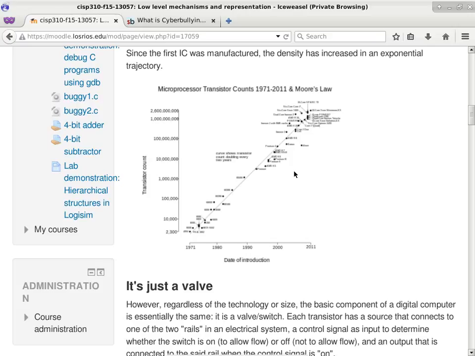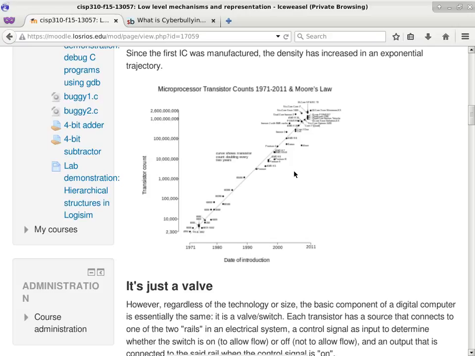Are we going to run against the barrier? Well, that's what they thought many years ago. I remember when I went to graduate school in about 1989, 1990 or so, they thought they had hit the limit already at that time. That was 25 years ago, right?